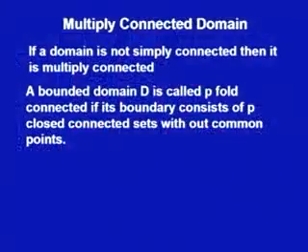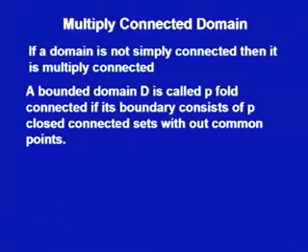So, if we are talking about bounded domains, we could actually rewrite this definition. A bounded domain D is called P fold connected, similarly we call simply connected as 1 connected and multiply connected as P connected also, if its boundary consists of P closed connected sets without common points.